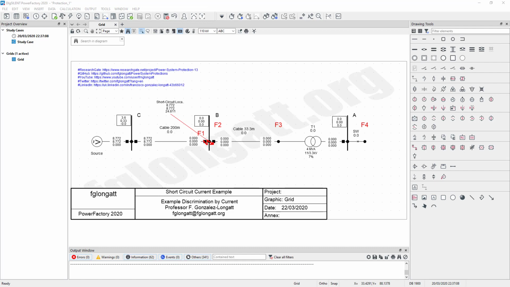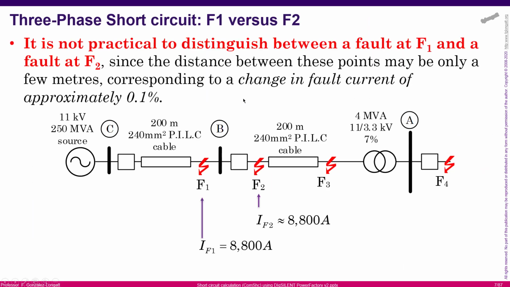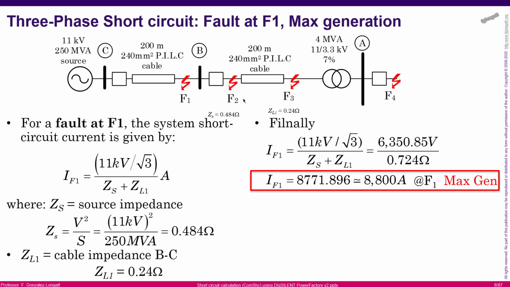We can compare those results with the numerical values that I was showing you in the presentation. Let's go to the default at F1. As you can see here, my numerical results by hand were around 8.8 kiloamps.